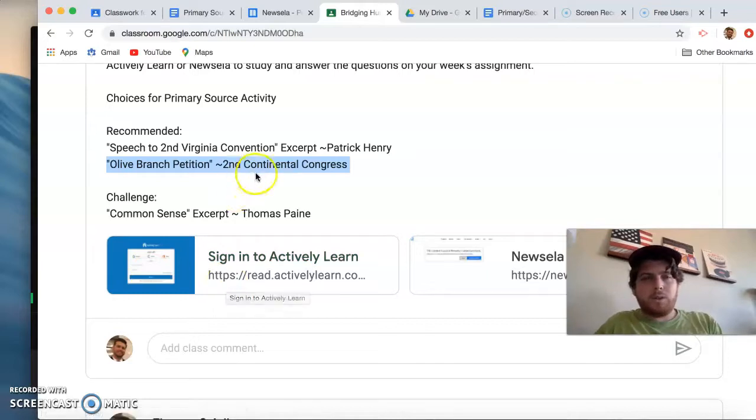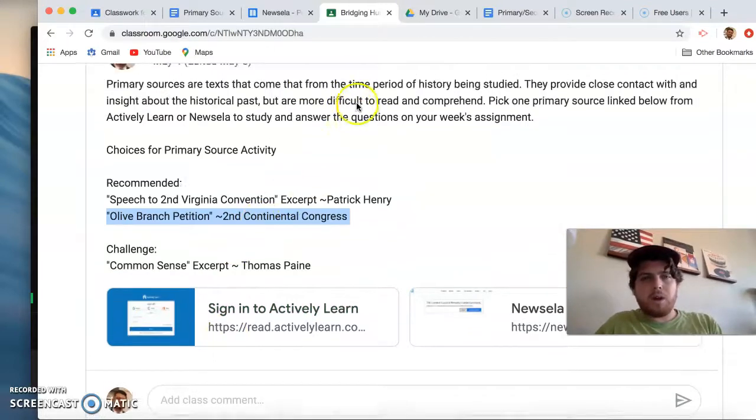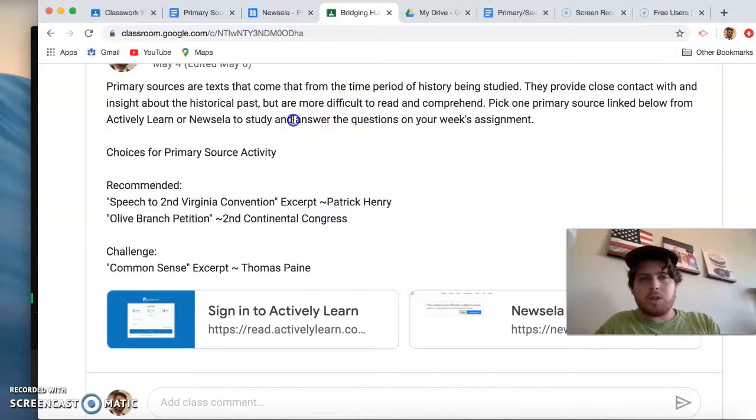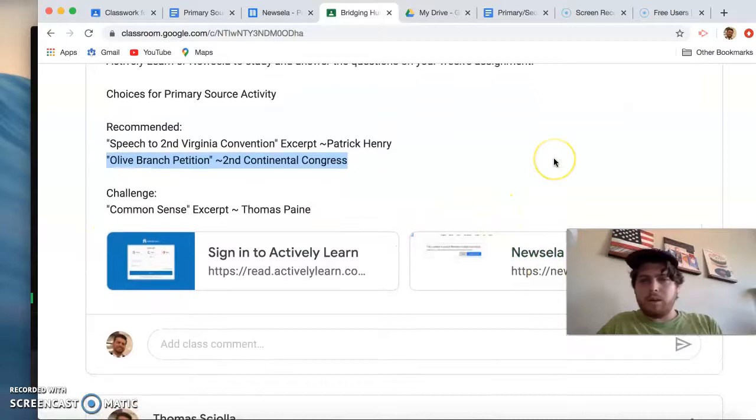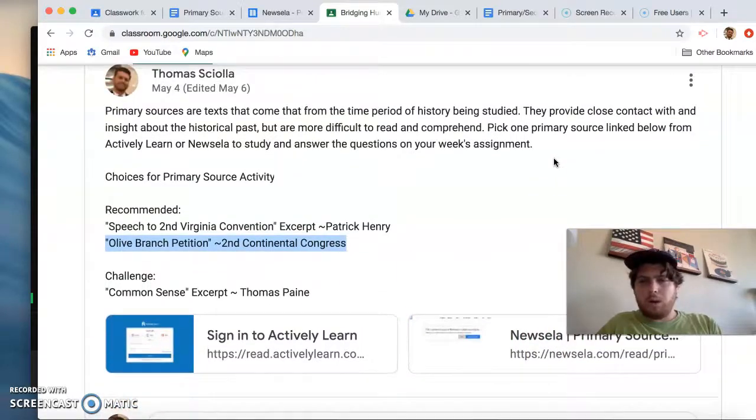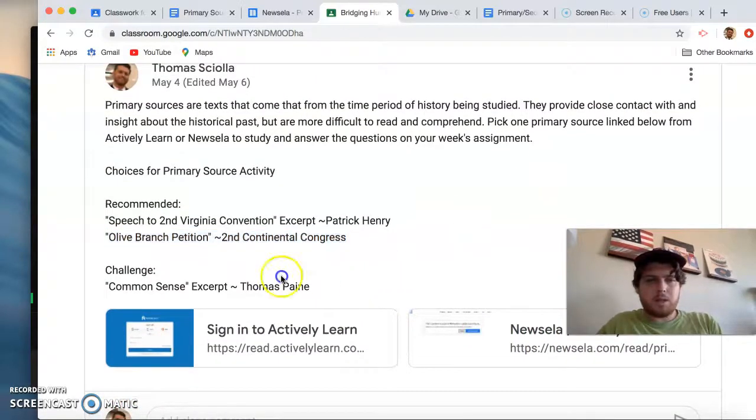You only need to choose one, and then you're going to use that to answer the questions on your week's assignment. If you want the simplest, most straightforward one, I recommend choosing the Olive Branch Petition. You can try some of the other ones if you want a challenge for yourself. Those are aimed at middle school, and Common Sense is also appropriate for ninth grade or early high school.